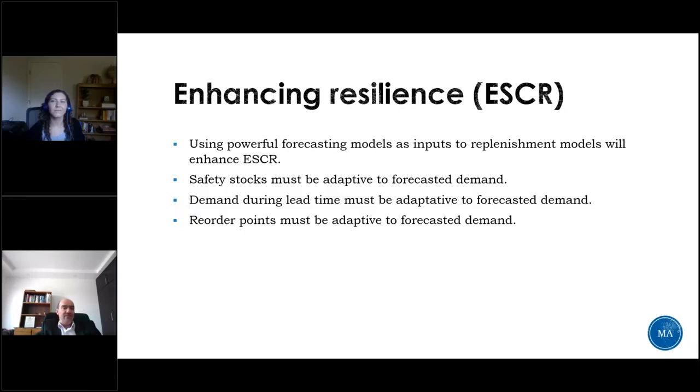So you don't need to use safety stock only with historical data. Things change and things are changing a lot. So it might be wise to make a dynamic safety stock calculation. Demand during the lead time, also dynamic and based on forecasted demand. Also, the reorder points will need to work in the same way.